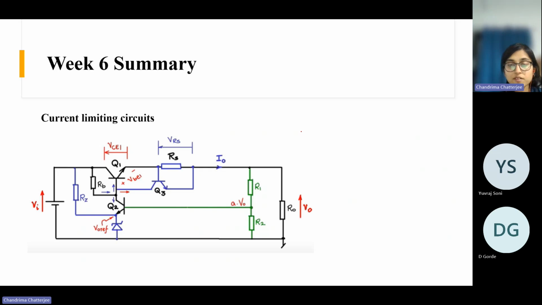Suppose this is your rated output current, I0 rated. If you see in this loop, this is the emitter, this is the base.